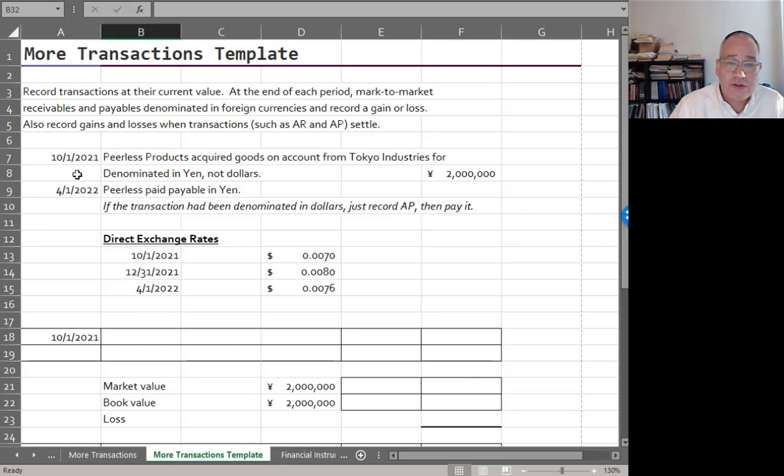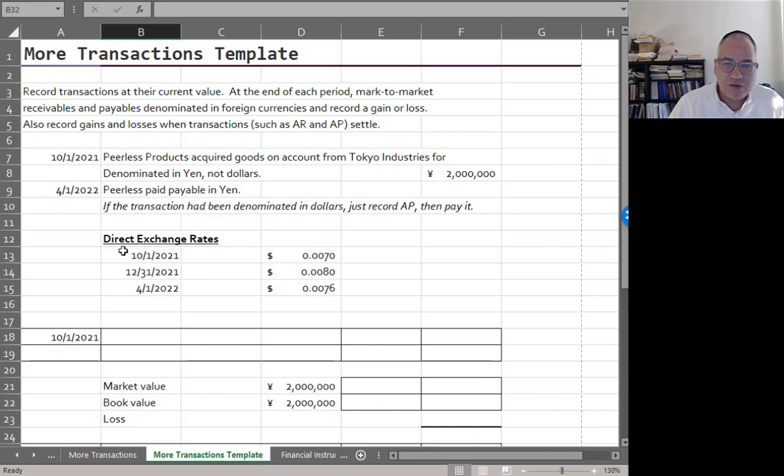So Peerless Products acquires goods on account from Tokyo Industries for 2 million yen. And it's important to notice here that this has been denominated in yen and not in US dollars. That means that they're going to pay us in yen and not a fixed amount of US dollars.